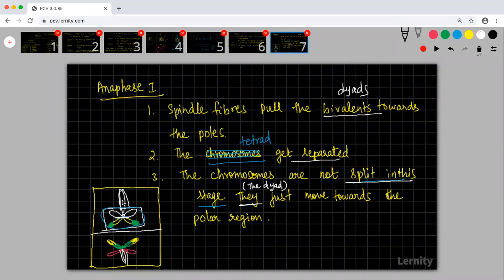So better is to use the correct words. Are we understanding?